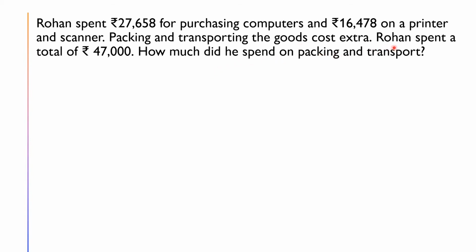But the total amount he spent is rupees 47,000. So in this word problem, 47,000 is the biggest number which we will keep as it is. First we will add these two other numbers. So first we will draw 3 columns.